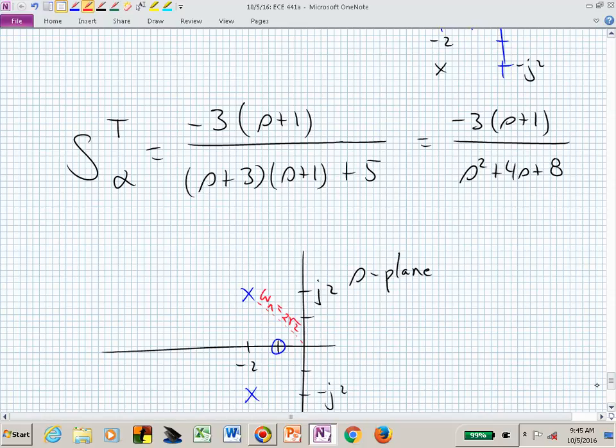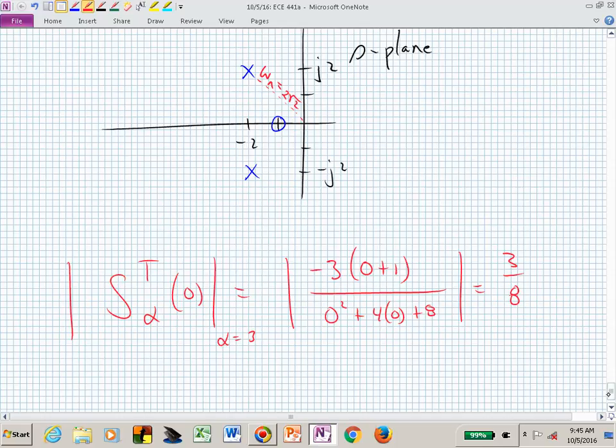What does that tell me? If I'm sketching the magnitude of my Bode plot, it is a -3, but I'm only looking at the magnitude. It is a minus, but we can treat that as a phase.